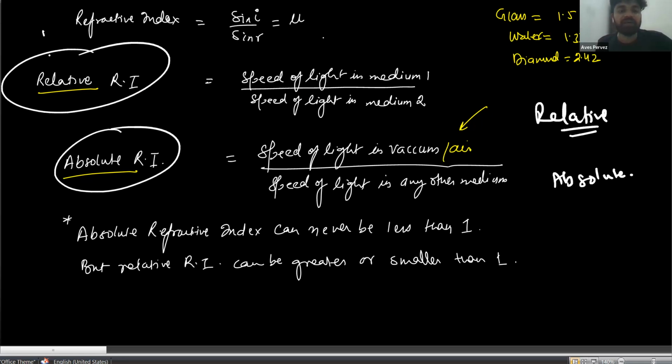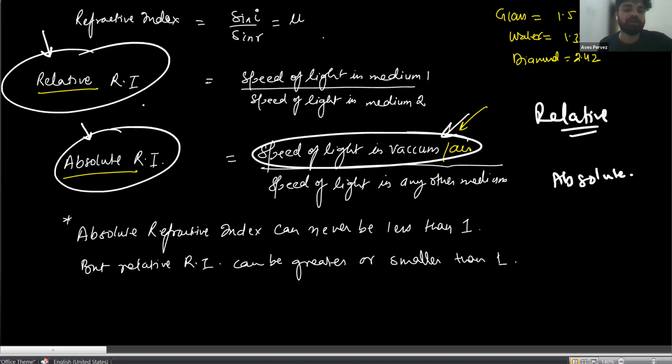So there are two types of refractive index: the relative refractive index and the absolute refractive index. What is the difference between these two? If the first medium is fixed, that is air or vacuum, then the refractive index becomes the absolute refractive index.